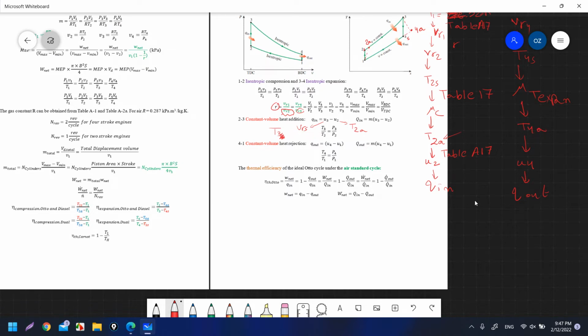We will talk about the intake and exhaust valve processes in the next video, inshallah. We'll talk about 4-stroke engines and 2-stroke engines and how to solve a question about the Otto cycle on these engines, inshallah.